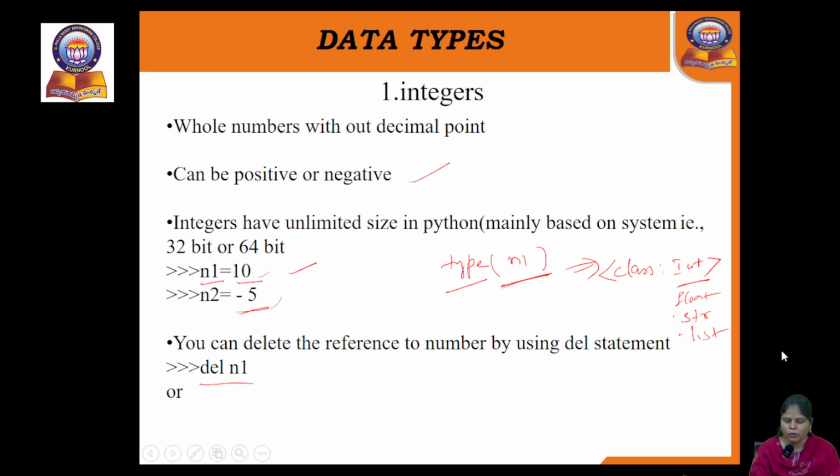If you want to delete multiple variables at a time, you can use del n1 comma n2. Now these two variables will be removed from the memory. So del is mainly used for removing a specific variable from the memory, right?